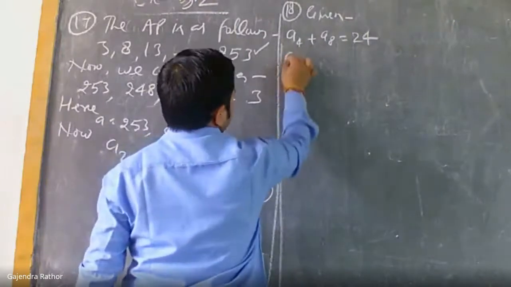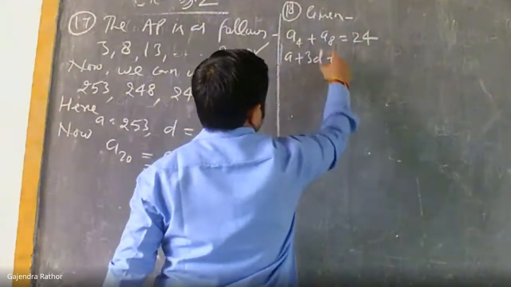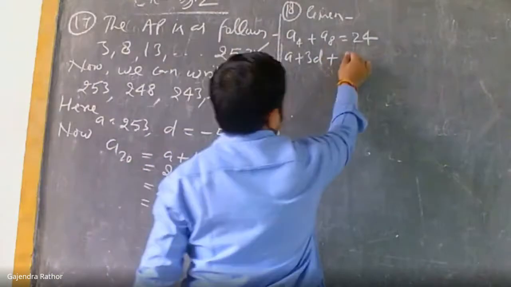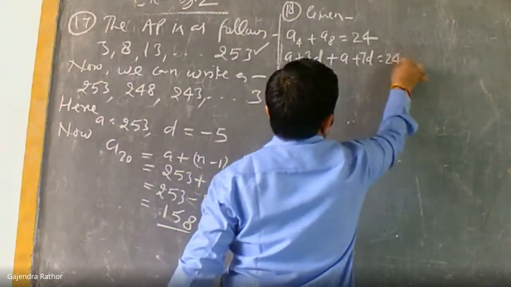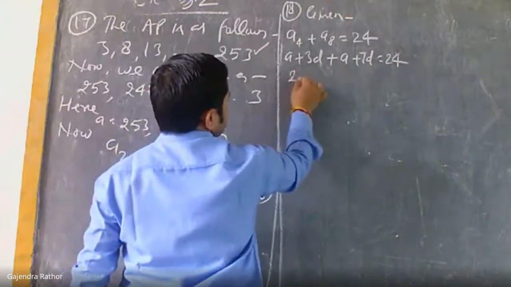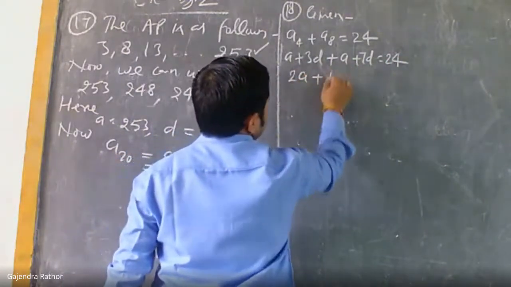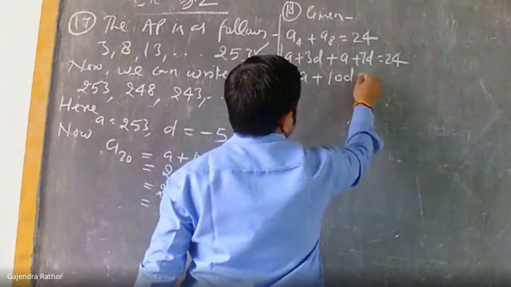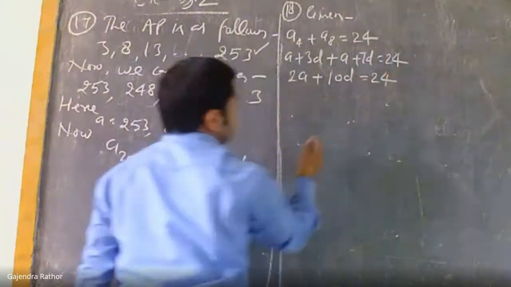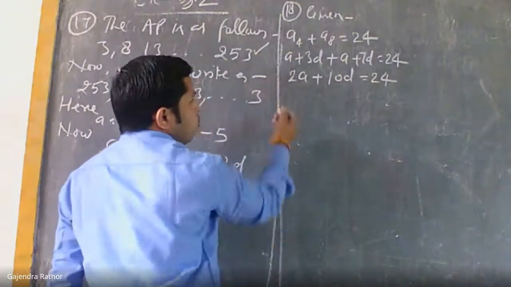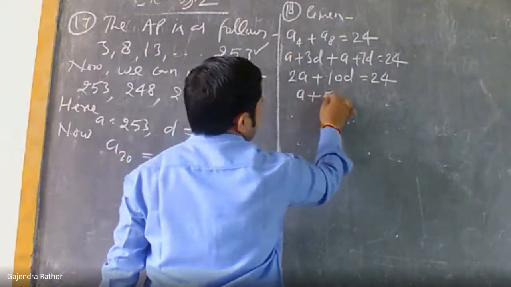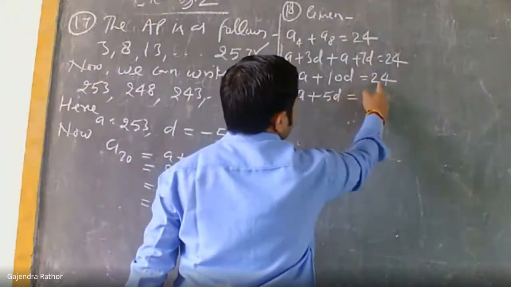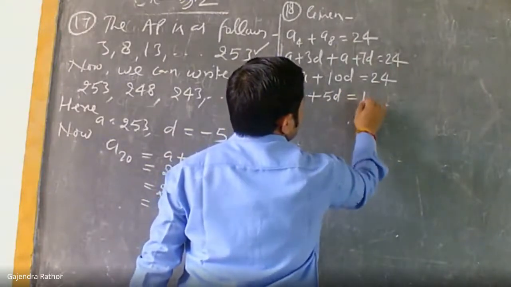A4 we can write as A plus 3D, and A8 as A plus 7D, is equal to 24. A plus A is 2A, 3 plus 7 is 10D, equal to 24. Now divide this equation by 2: A plus 5D is equal to 12.